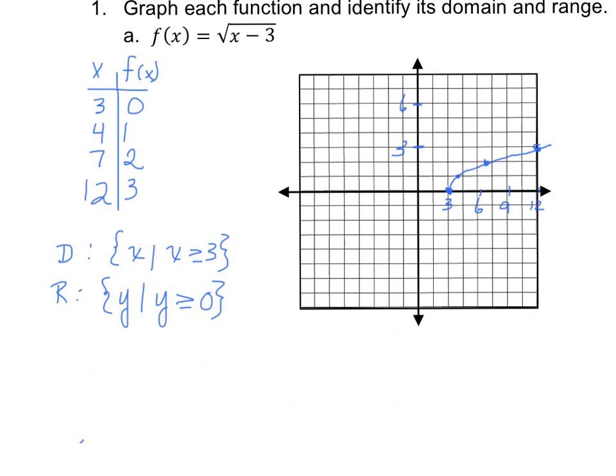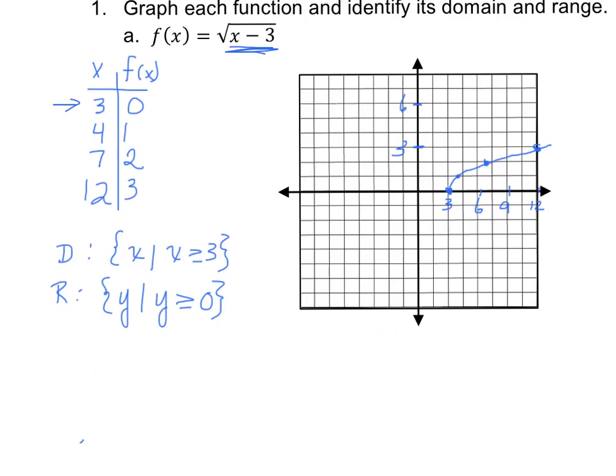When we look at 1a, we want our table to have points that make our radicand, the value underneath that radical sign, non-negative. So it could be 0 or anything greater than 0. So I start by having my first x value be 3, which makes my f of x equal to 0. That's going to be the smallest x value that I use.